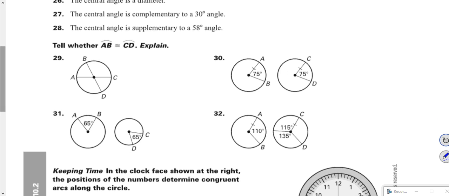Tell whether arc AB is congruent to arc CD. Well, this first one, arc AB, is that going to be congruent to arc CD? Yes or no, and why? Well, I say yes because these are actually vertical angles, right?